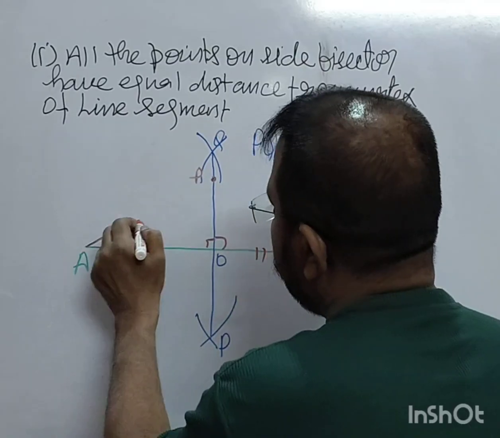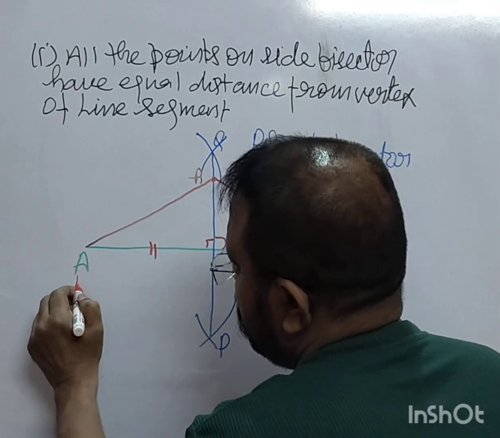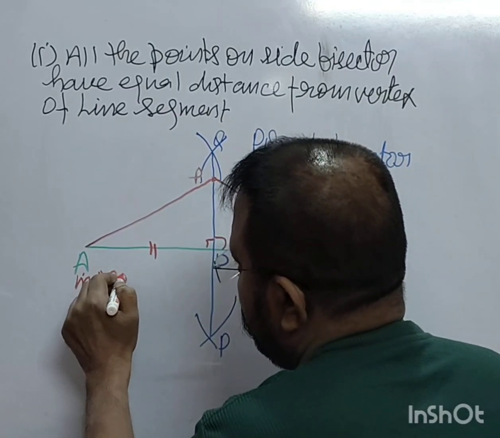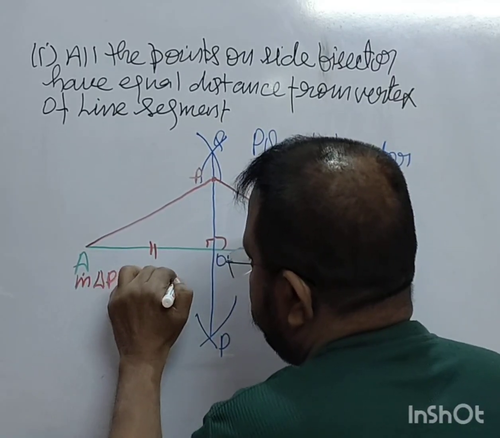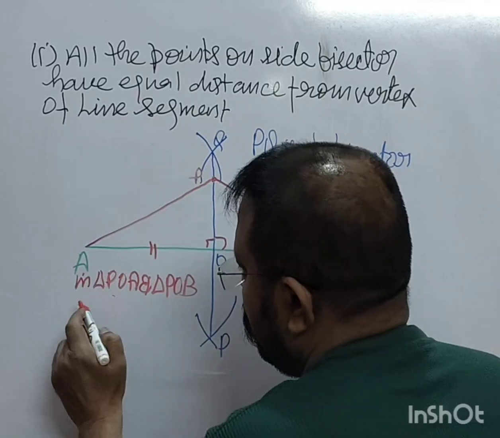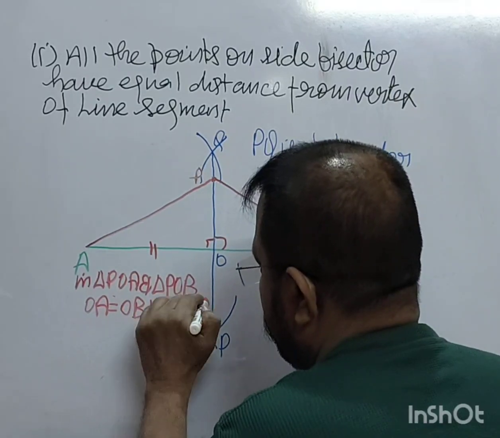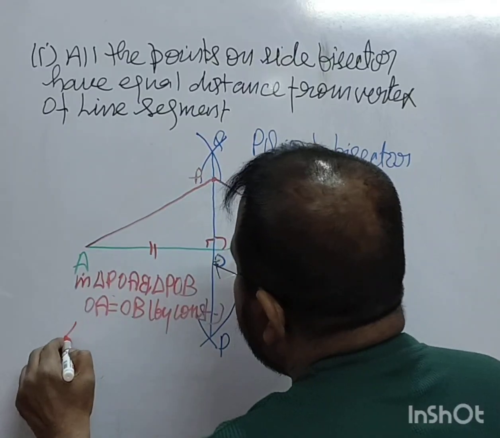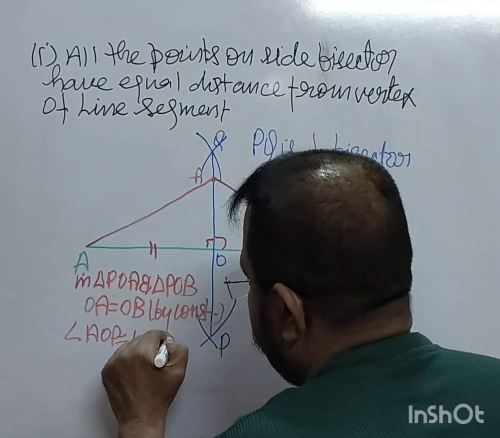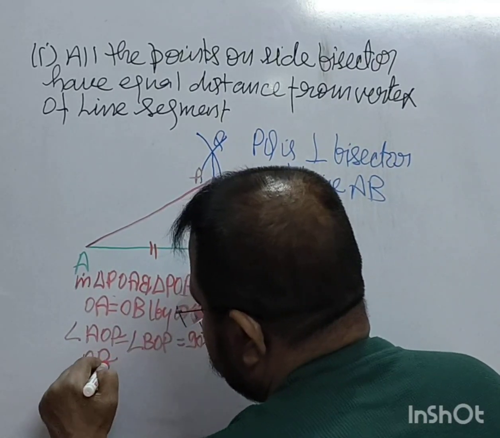If you join PA and PB, then in triangles POA and POB, OA is equal to OB by construction, angle AOP is equal to angle BOP is 90 degrees, and OP is equal to OP.